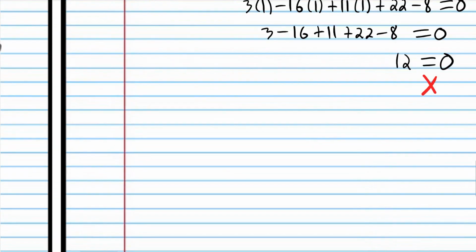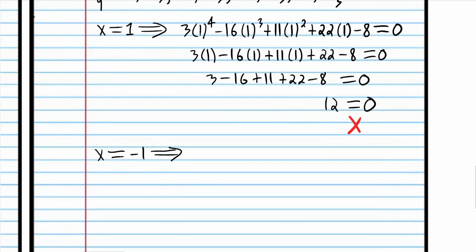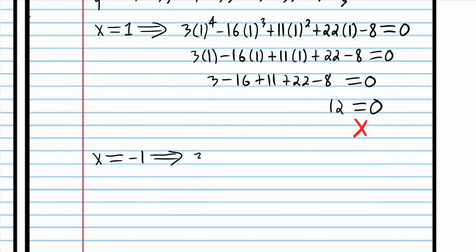So now the next number that we typically use is negative 1. We're going to see if negative 1 is a solution to the equation. So we're going to plug in negative 1.